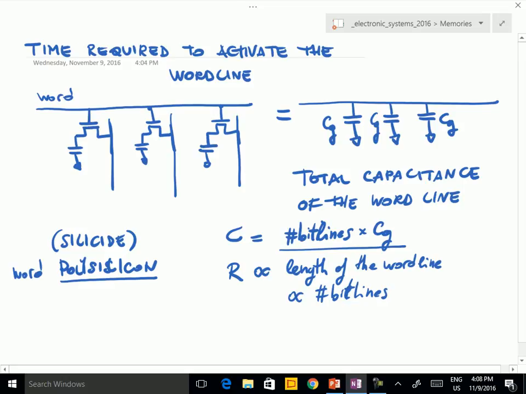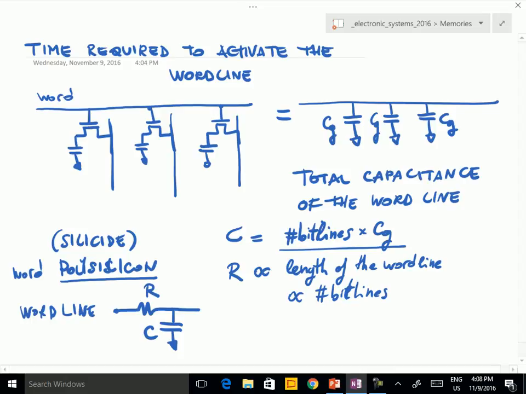So I can simplify the word line in electrical terms as a single resistance, which is the total resistance of the word line, and a capacitance towards ground, which is the sum of all the gate capacitances. This circuit, of course, has a delay, a time required.